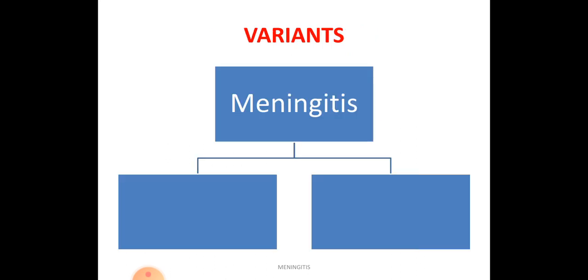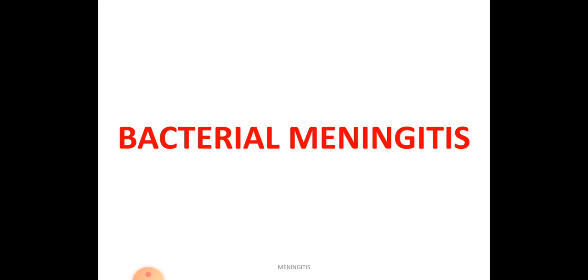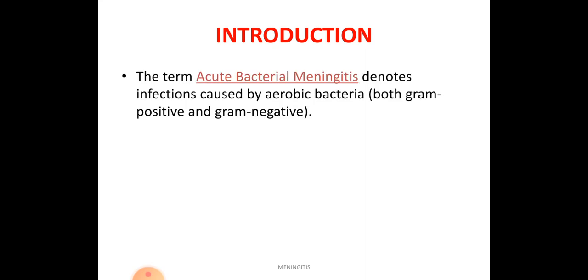Now meningitis has two variants: one is bacterial meningitis and the other is viral or aseptic meningitis. Let us go into detail for bacterial meningitis, starting with the introduction. Acute bacterial meningitis denotes infection caused by aerobic bacteria, which may include both gram positive as well as gram negative.